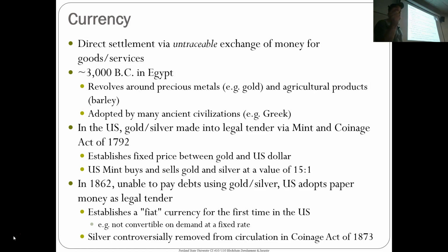But it was still tied to the actual precious metals, but this is considered a fiat currency, where you're not actually using that precious metal to do the exchanging. And then eventually silver was removed from circulation in 1873. This is why if you ever have those silver pennies, those are super valuable, because that was back at the time when we were actually using actual precious metals in the currency.